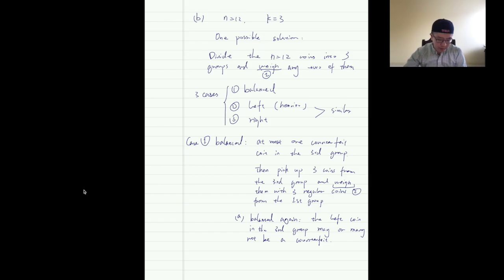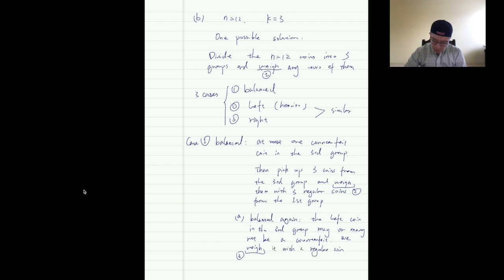Therefore, the third weighing is that we weigh it with a regular coin, right? It can be from anywhere, because we know there are so many regular coins now.